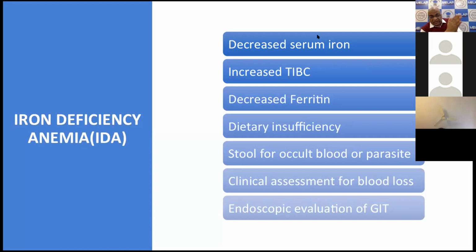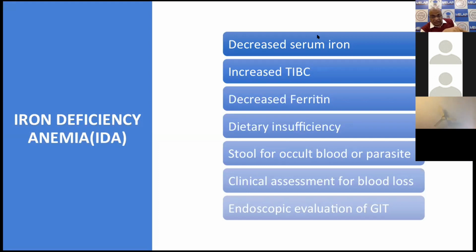If there is microcytic hypochromic anemia, reticulocyte count is low, ferritin is low, don't jump to the conclusion, particularly in an aged patient, that there is a dietary cause, a nutritional deficiency, this is iron deficiency anemia, and start iron. Go for endoscopic evaluation. First stool for occult blood and then endoscopic evaluation.